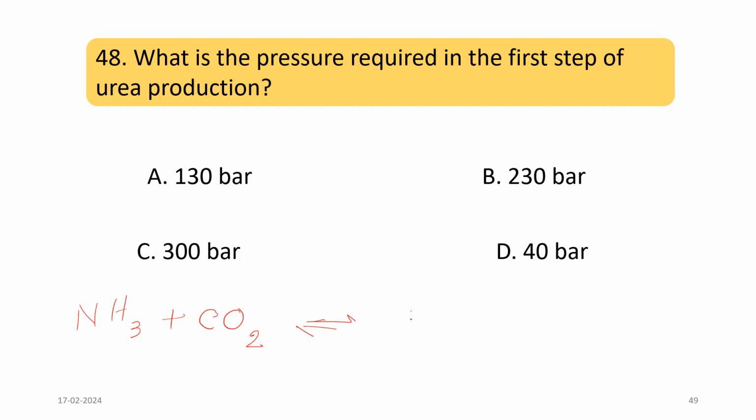The carbamate structure is NH2COO, and here there is NH4. Okay, so this is the carbamate.